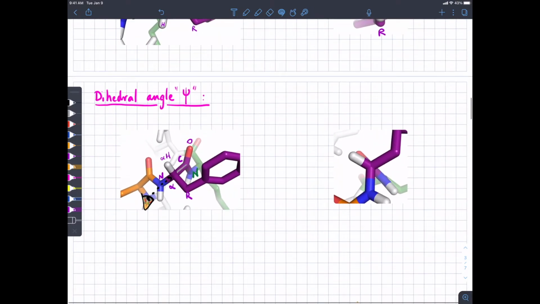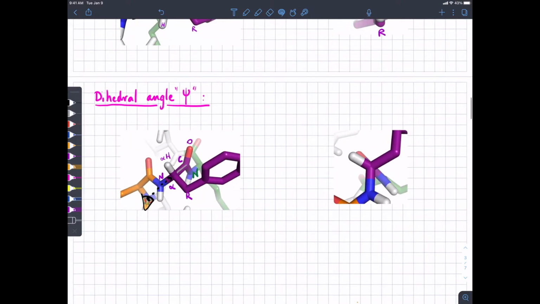So looking down the bond there, here's the sort of Newman projection view. Here is the alpha carbon in the front, the carbonyl carbon is in the back. Here's the alpha proton. Here is the side chain. Here is the nitrogen of the purple amino acid.